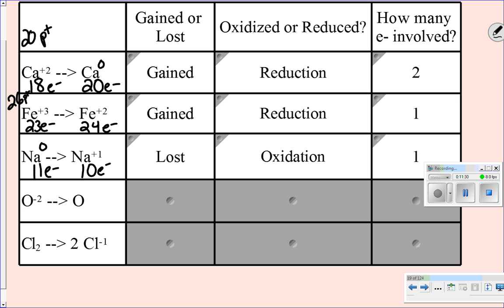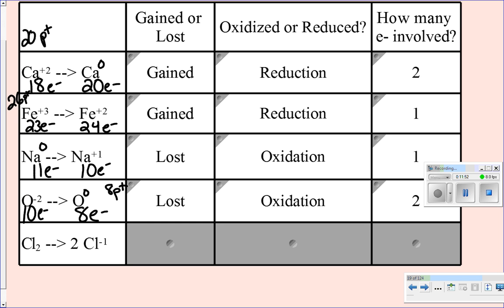If we have oxygen -2 going to neutral oxygen, oxygen has 8 protons, so neutral oxygen has 8 electrons. Our charged oxygen, remember it's a -2 charge, actually has 10 electrons. So oxygen starts at a negative charge and goes to neutral by losing 2 electrons. This is again an oxidation involving 2 moles of electrons.